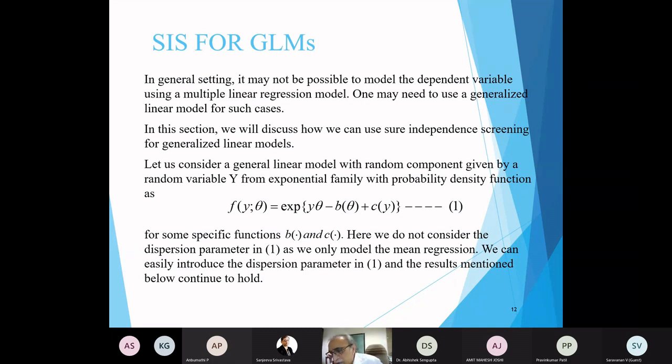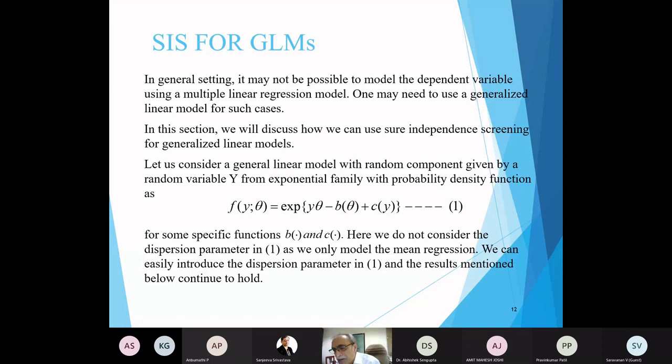Instead of y equal to alpha plus beta x plus epsilon, the logistic regression model is specified in this manner. I don't have time to go into why it is defined in this fashion. On the left-hand side I have log of pi x over 1 minus pi x, and on the right-hand side is the same thing as the regression model, namely alpha plus beta x.